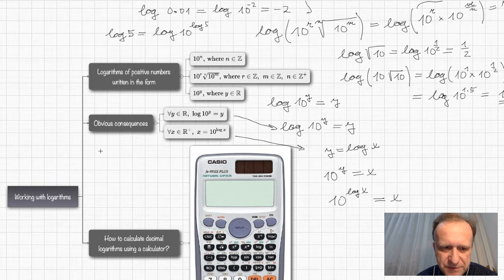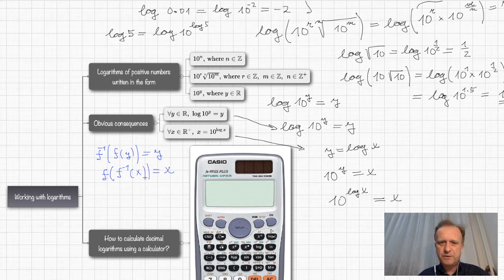So actually it amounts to the following: f inverse of f of y equals y. So if you take f of y and then take its inverse, you end up with the original y. And the second formula here amounts to the following: if you take f of f inverse of x, you end up with the original value of x.